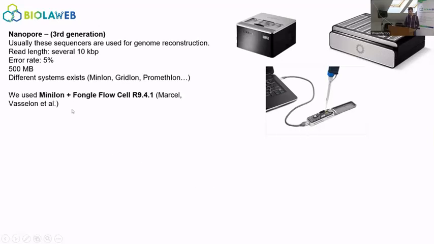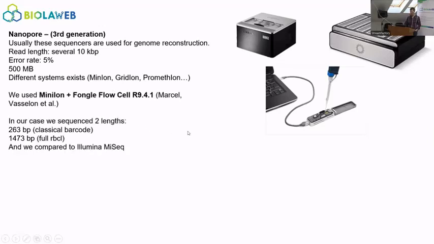And we used, with Valentin Vasselon and, sorry, Rémi Marcel, this MinION plus this flow cell, so you can see here its exact name. In fact, the idea was to see if we sequence two different lengths. So you remember we talked about this 263 base pairs because we had to adapt it to Illumina.